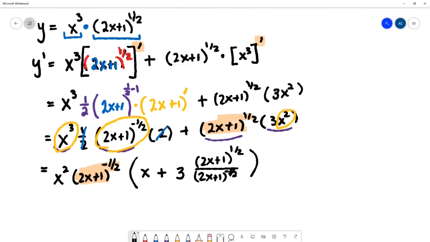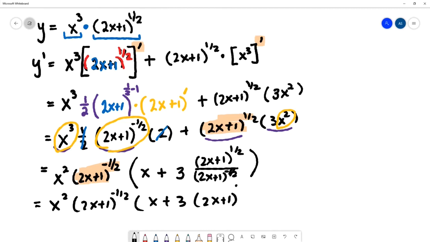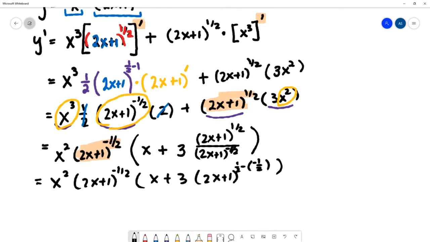Because they have the same base, we can subtract the exponents to see what's left. So if I subtract those exponents, 1/2 minus negative 1/2 is going to leave me with a 1.